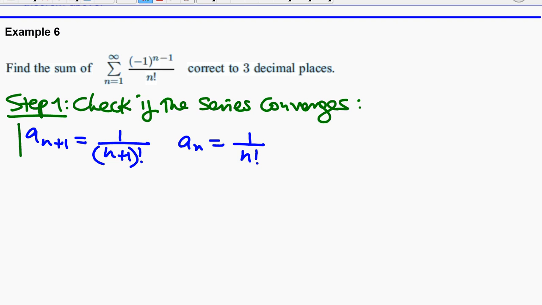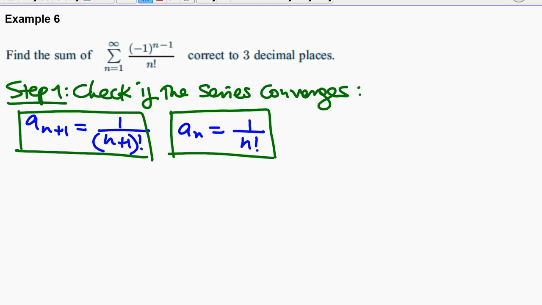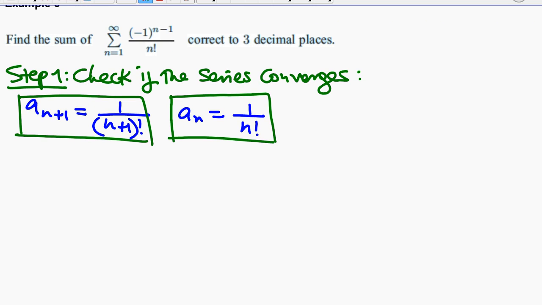If you look at these, we can see that 1 over n plus 1 factorial is less than 1 over n factorial, because n plus 1 is a bigger number, and if you take the reciprocal of that, it will definitely be smaller than 1 over n factorial.